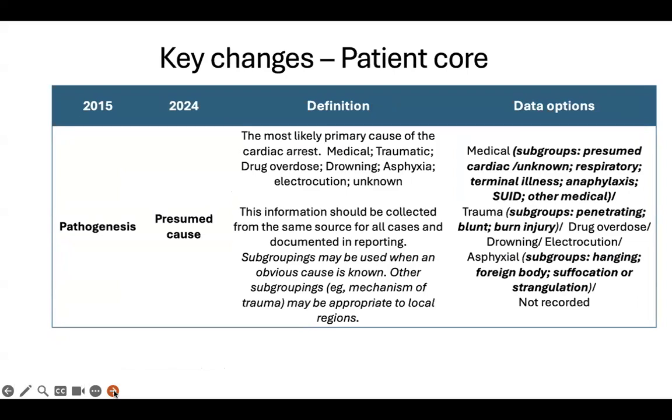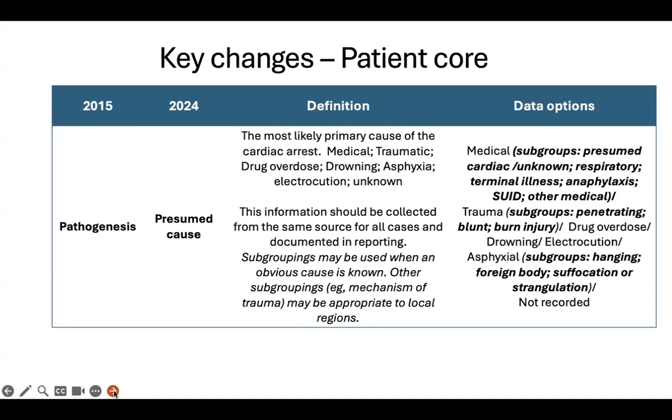This is defined into subgroups of medical, traumatic, drug overdose, drowning, asphyxia, electrocution, or unknown. There is more explanation in the data options, where medical includes presumed cardiac, respiratory, terminal illness, anaphylaxis, SIDS, or sudden infant death, etc., whereas trauma is defined as penetrating, blunt, or burns.